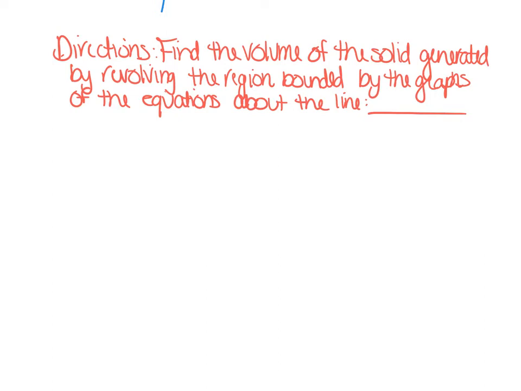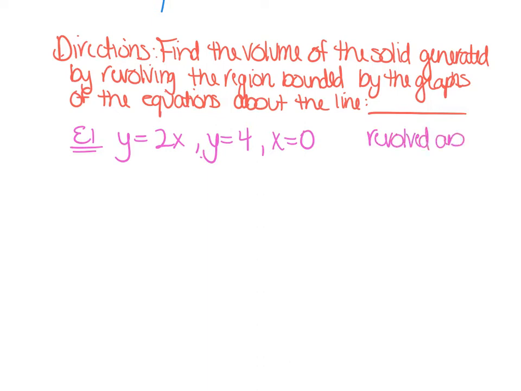So question 1, it'll be bounded by the graphs y equals 2x, y equals 4, x equals 0, and revolved around the line y equals 4. Okay, step 1, graph it. Graph your region so you can see.